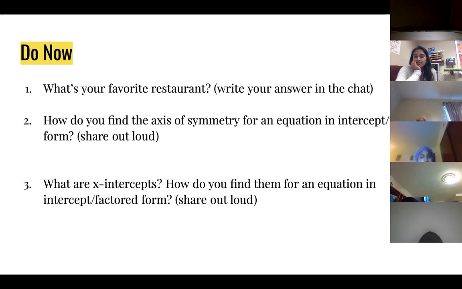One more minute. I heart mac and cheese. That sounds fun. I do love mac and cheese, but I've never tried this restaurant. I'll have to go check it out, Corbin's.